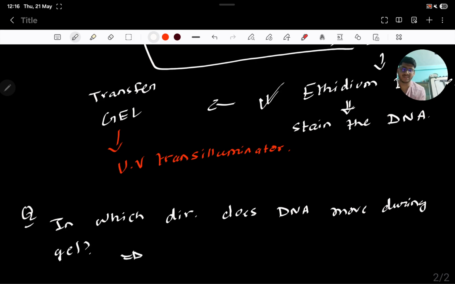Very easy question. You all just pause it for a second, think, and then verify with the answer. So the DNA moves from cathode, that is negative, to anode, that is positive. Remember, from negative electrode to positive electrode, cathode to anode.